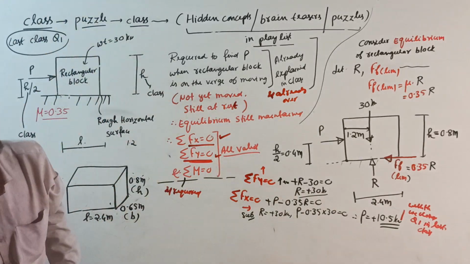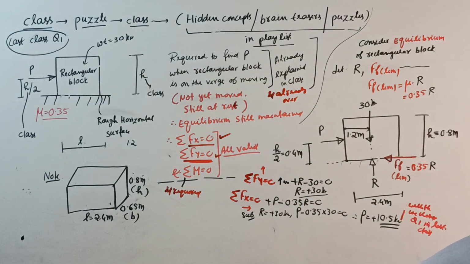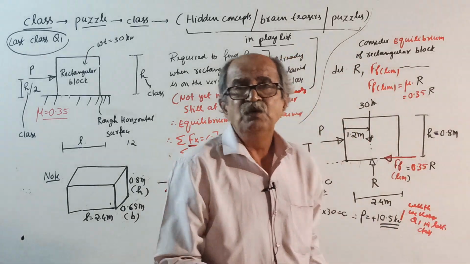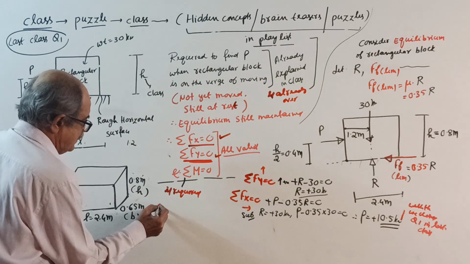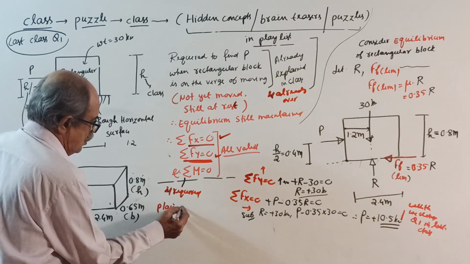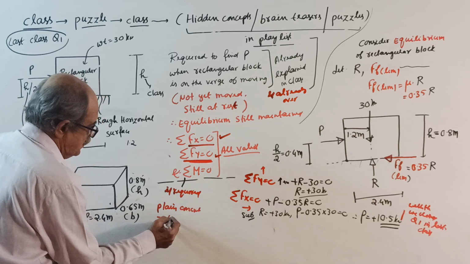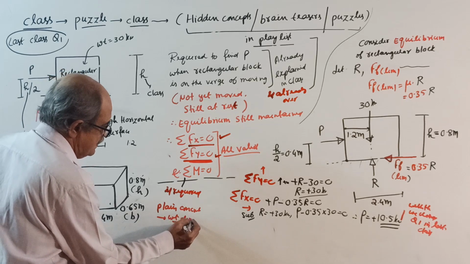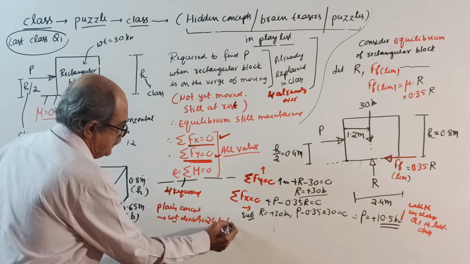See, where is it? Here. Let it be plain concrete, which has got weight density of 24 kilonewton per meter cube.